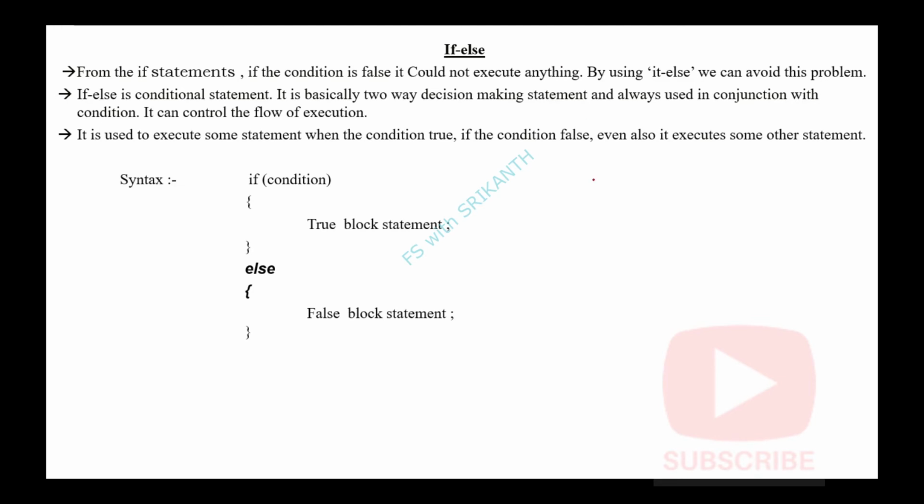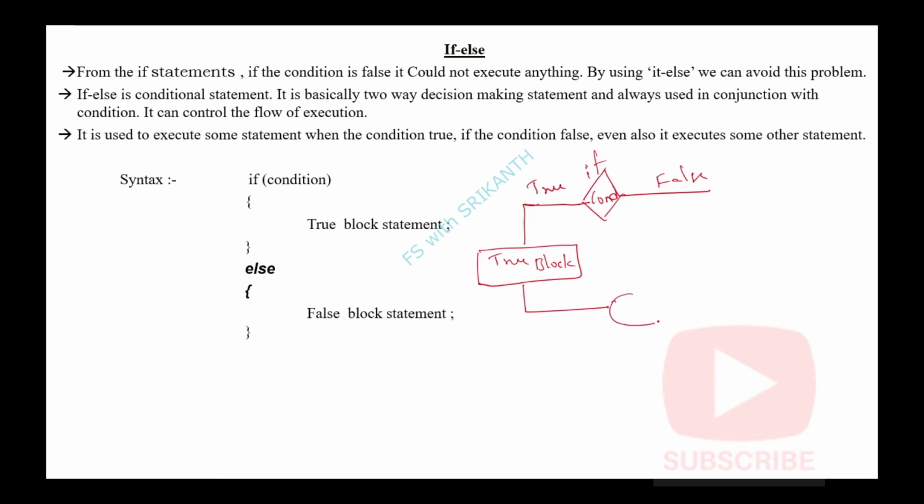If checks the condition, and it has two possibilities: the condition is true or the condition is false. If the condition is true, you execute the true block of statements, and your program may continue, right?